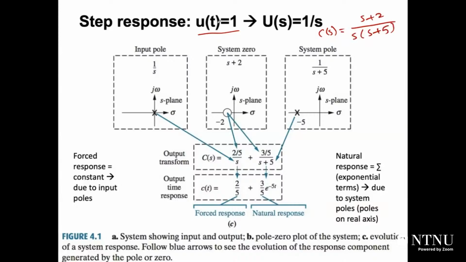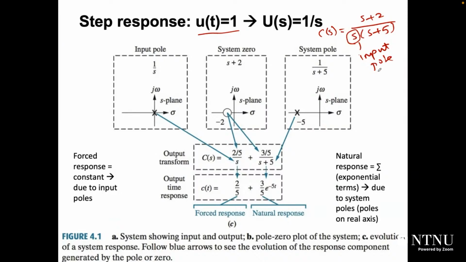So in fact, this input generated something called input pole. It's from the input, not from the system dynamics. You got this component because of the step input, not because of the system dynamics. System dynamics here are represented by S plus 2 divided by S plus 5, not by S. We got this S because of the step input, right?